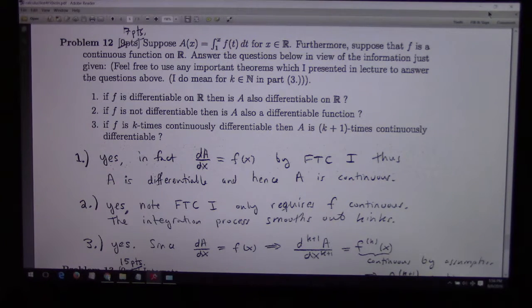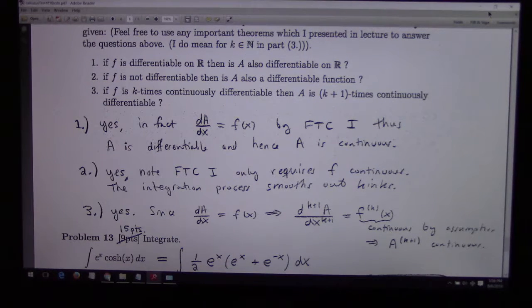So, for example, if you integrate the absolute value of x, you'll end up with a function which is differentiable at 0, even though the absolute value of x is not differentiable at 0. Generally speaking, integration makes things smoother. Smooths out kinks.